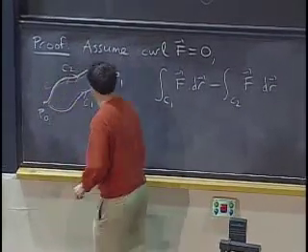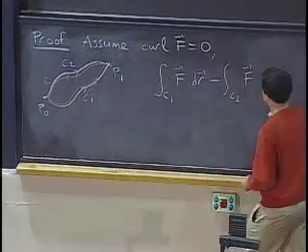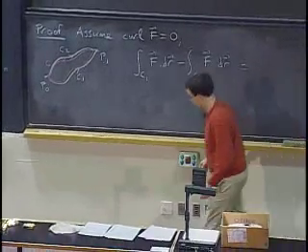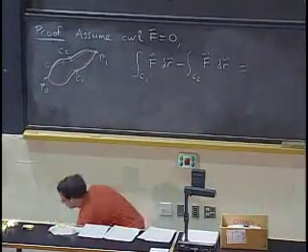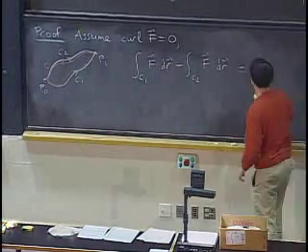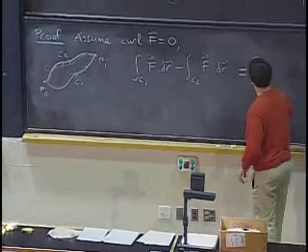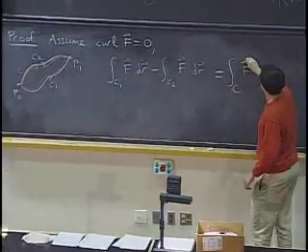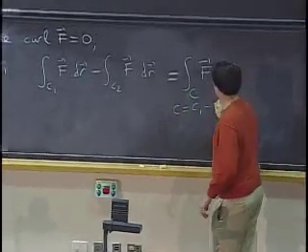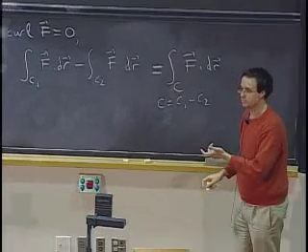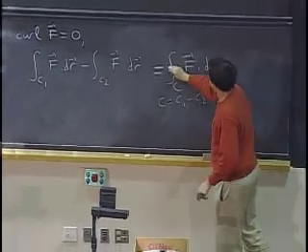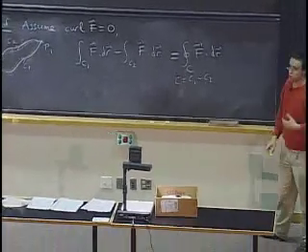So let's call it C. That's equal to the integral along C of f dot dr, where C is C1 followed by C2 backwards. Now, C is a closed curve, so I can use Stokes' theorem.